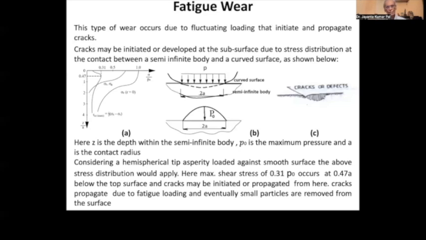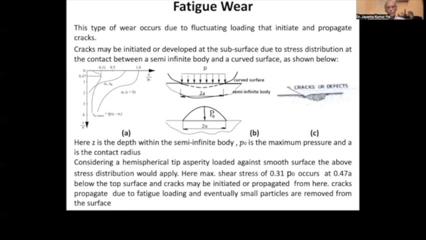As the crack starts to propagate, the direction of crack propagation is again a very complicated process. But if the crack propagates in such a way that it brings a small piece of material out of it, then we have got a fatigue wear. So the fatigue wear is due to the stress distribution at the contact.